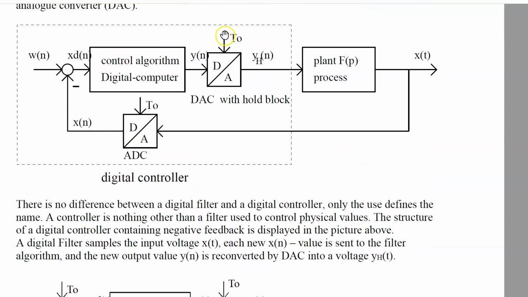Note that here we have two arrows labeled T_O or T sub O or T0, any expression is possible. This is a sampling time. Sampling time means that in a digital system you must work with samples, not with analog signals.